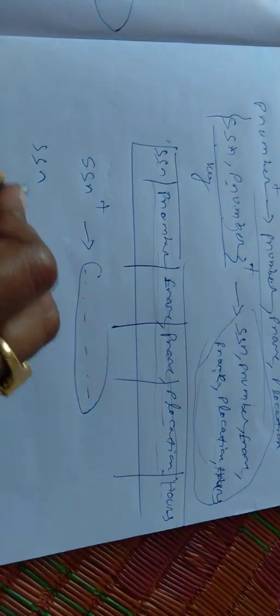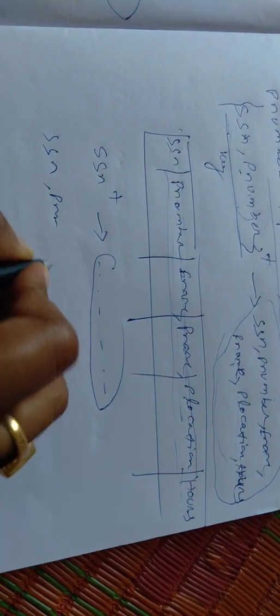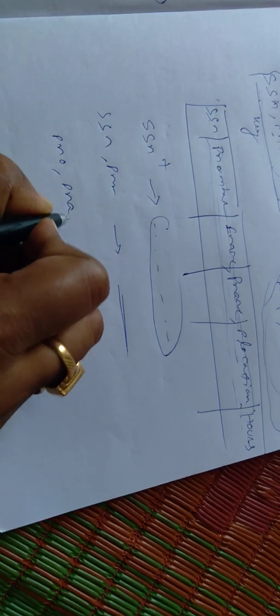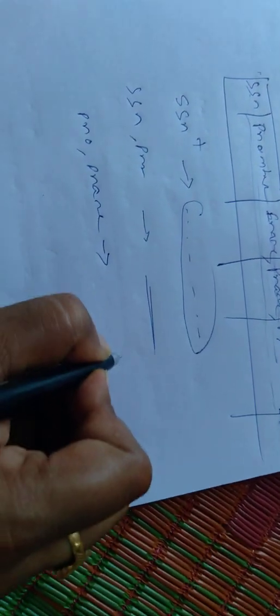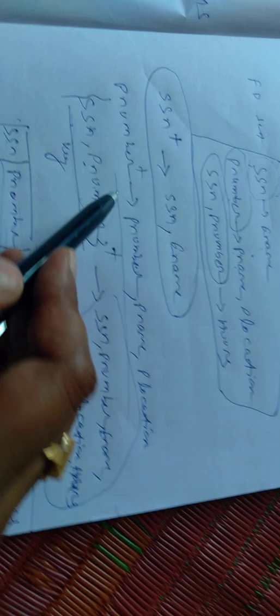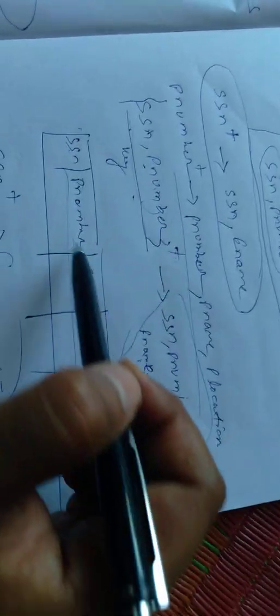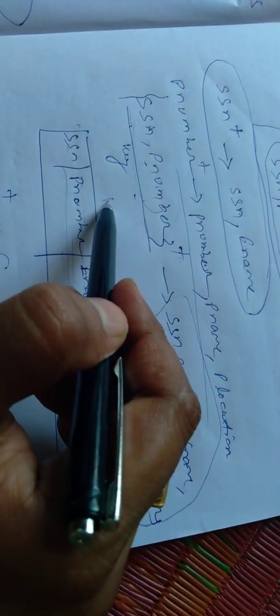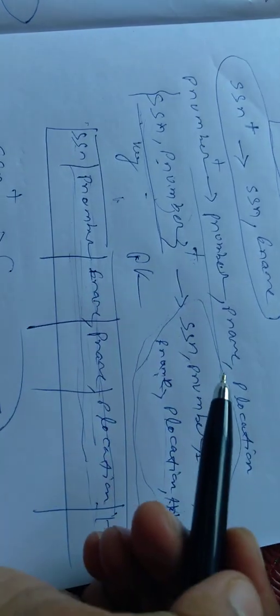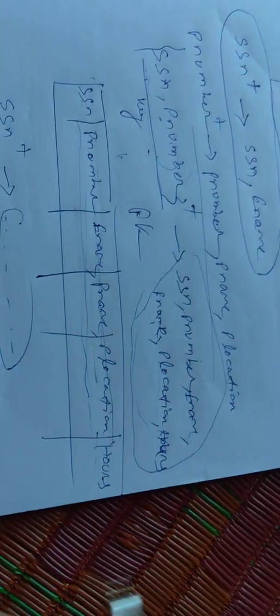Or here I combined SSN with p number, and all the attributes are coming. Suppose another combination is p number and p name; if all the attributes are coming, then also this will be a key. That's why there may be multiple keys or candidate keys in a relation, out of which only one will be chosen as the primary key. Fine.